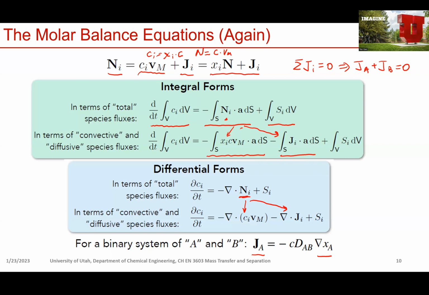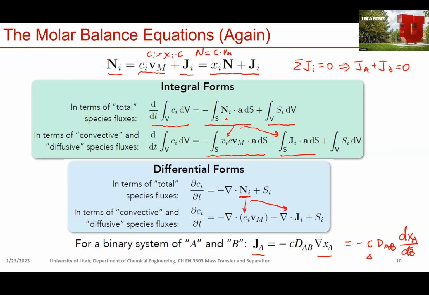This is for a three-dimensional case. And for a one-dimensional example, the gradient reduces to the derivative of your mole fraction with respect to your chosen coordinate, right? Typically for a 1D problem, we use z to describe the location we're interested in.